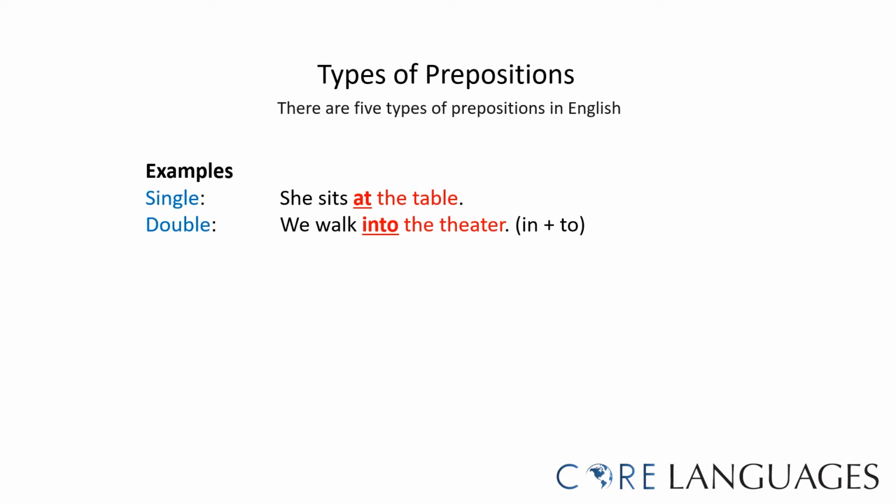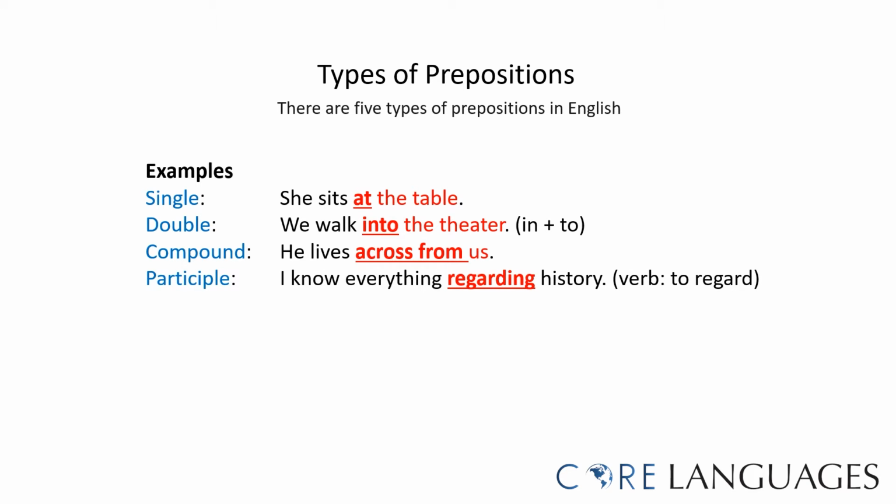Into is a double preposition. It consists of in and to. There are compound prepositions. For example, he lives across from us. This prepositional phrase includes 2 prepositions, across and from.